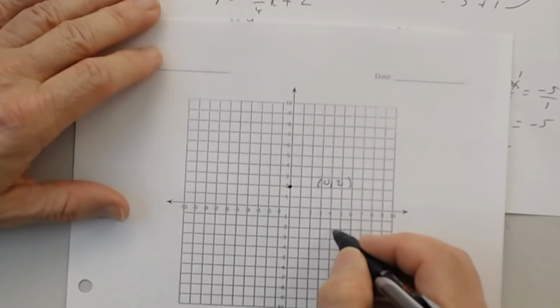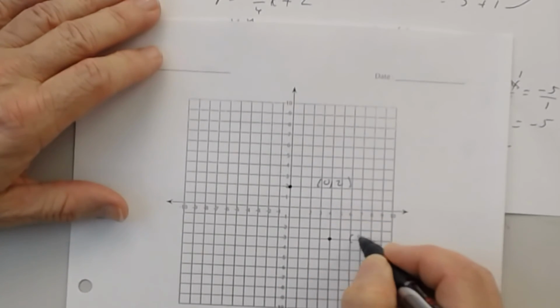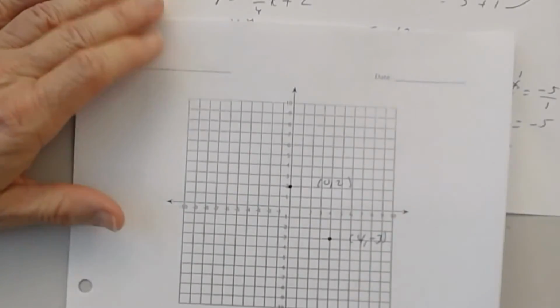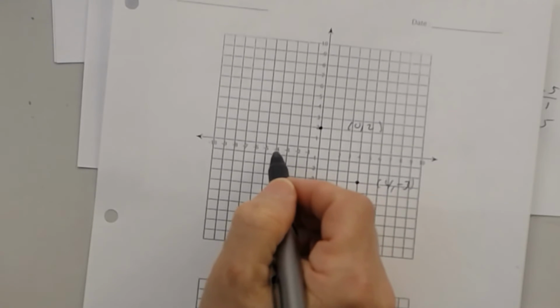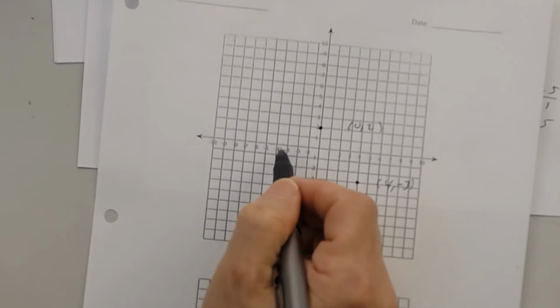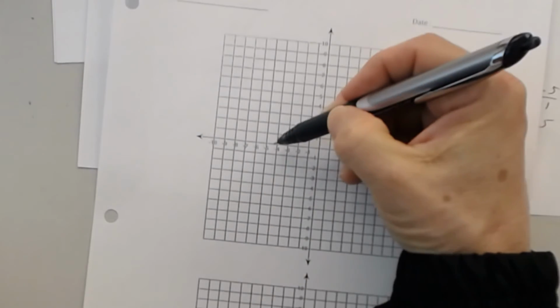Right 4, down 3. And then one more point, and that was negative 4, 7. Negative 4, 7 is in what quadrant? 2. So to the left 4, up 7.